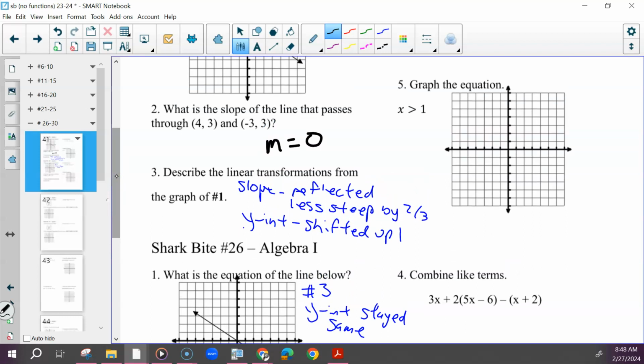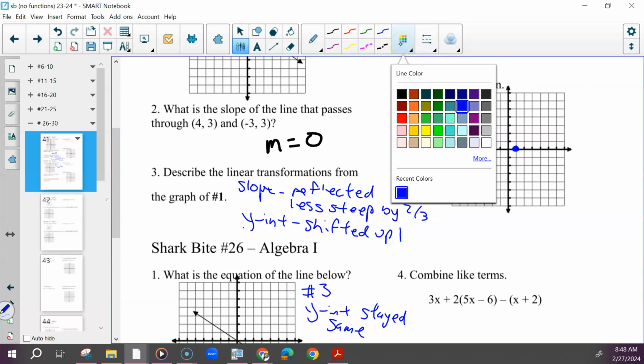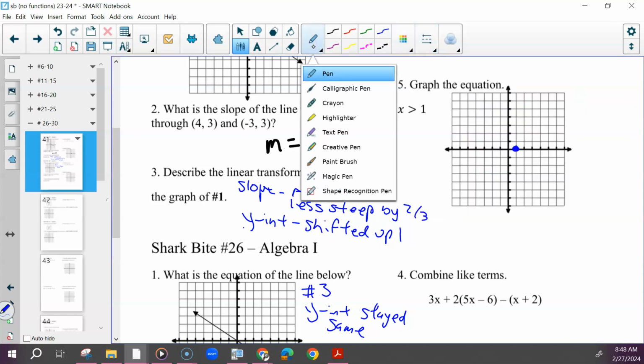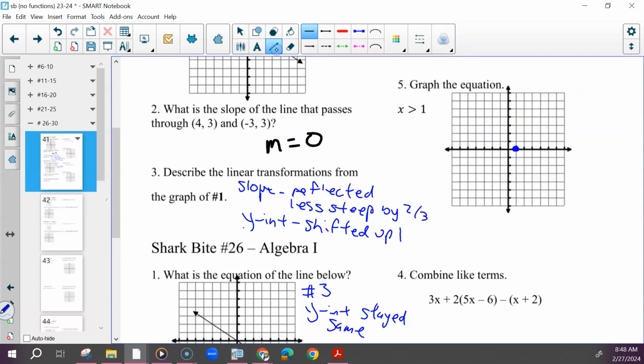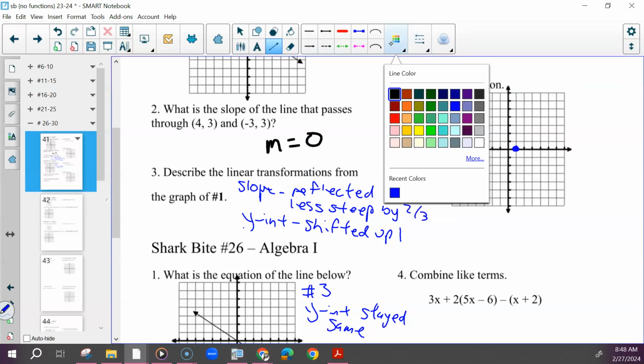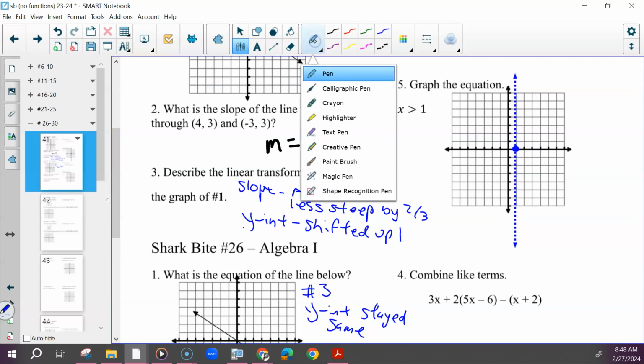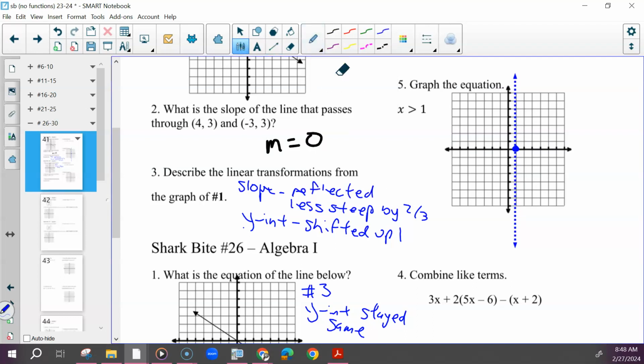For number 5, this should have been a vertical line, because it's an x, at 1. This would have been a dashed line. I think I can actually make, and then this would be shaded to the right.